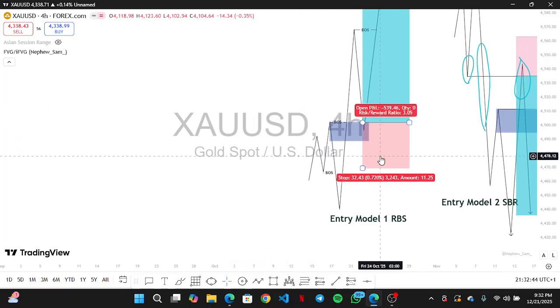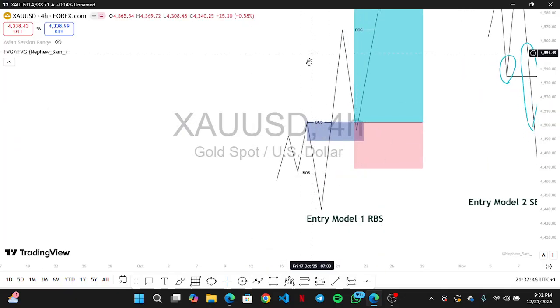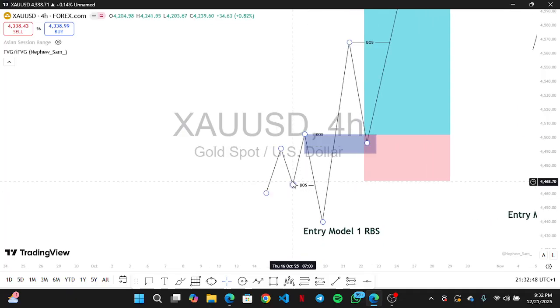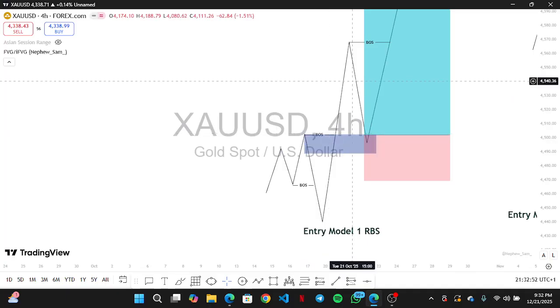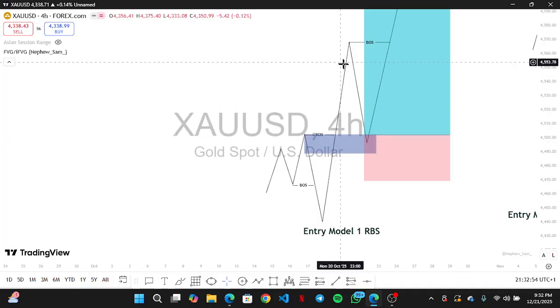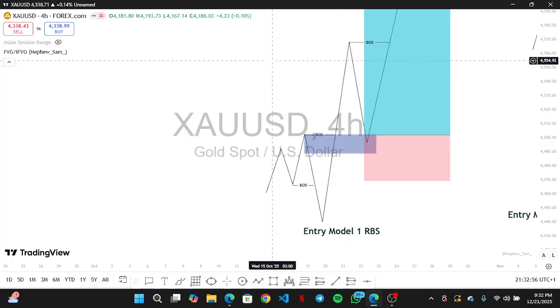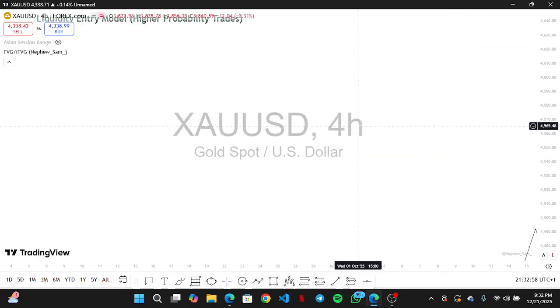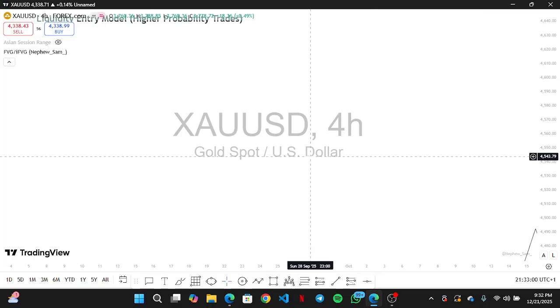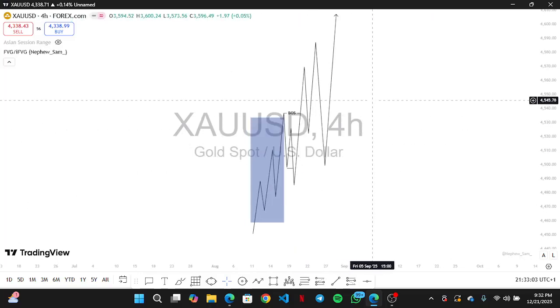So anytime price takes out a high or a low, a break of structure is made. This was a low here, price took out this low, a break of structure was made. This was a high here, price took out this high, a break of structure was made. This was another high, price took out that high, a break of structure was made, and so forth. That's how breaks of structure happen on the charts.